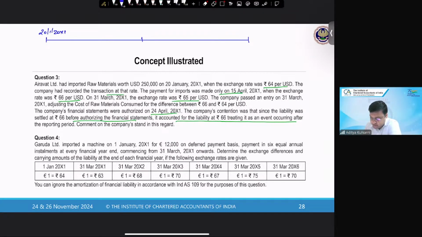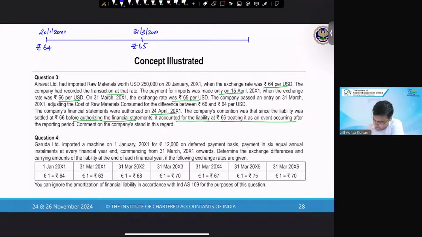Sorry, spot rate, sir. It is part of inventory also, na? Inventory, non-monetary item. So in January my rate was how much? 64. 31st March 20x1, 65.